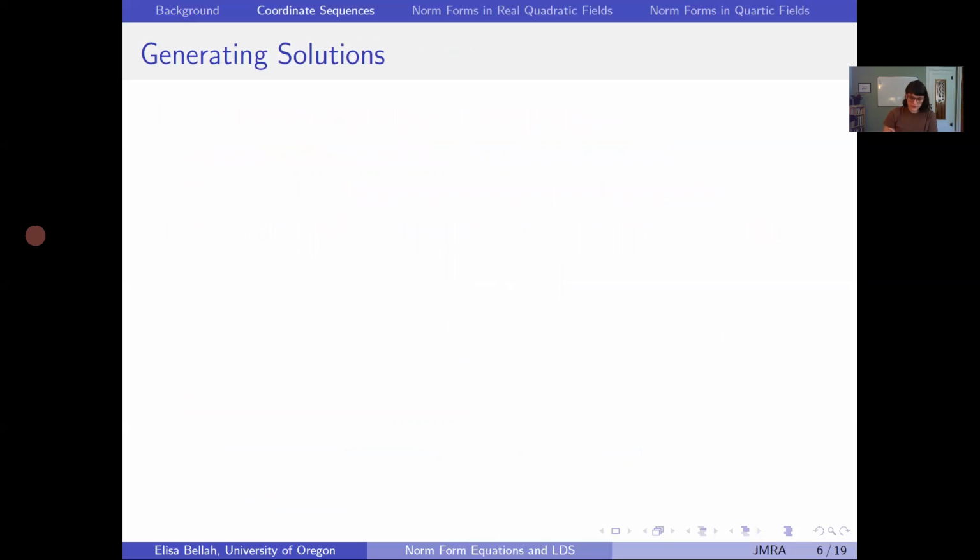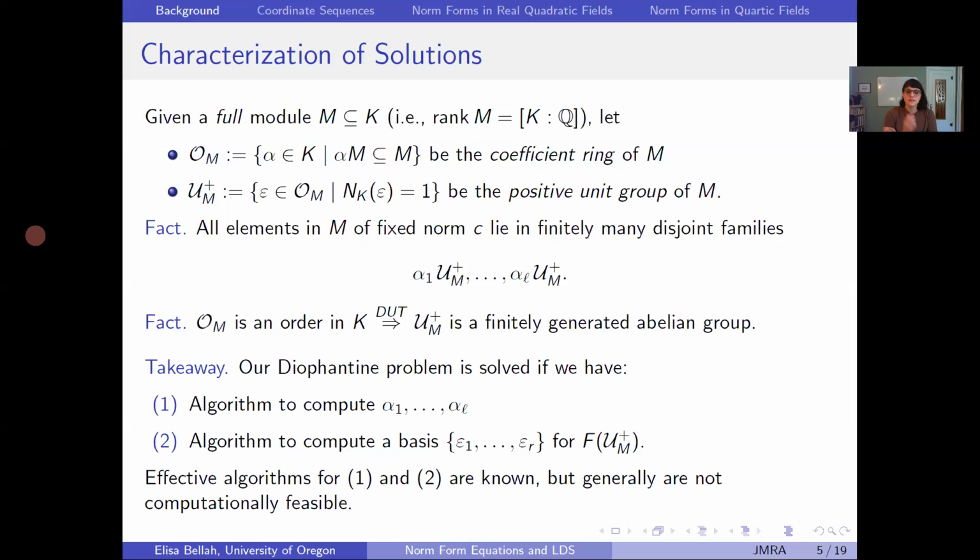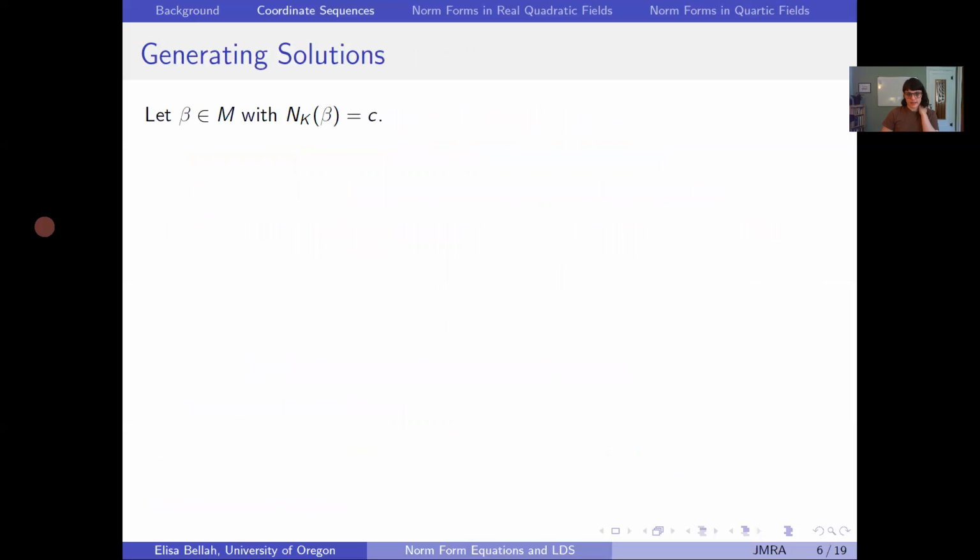Okay, so one thing I do want to point out is that this characterization tells us that we can generate infinite sequences of elements in my module of fixed norm C by fixing an element and multiplying by units in the free part of my positive unit group. So let me just say that again.